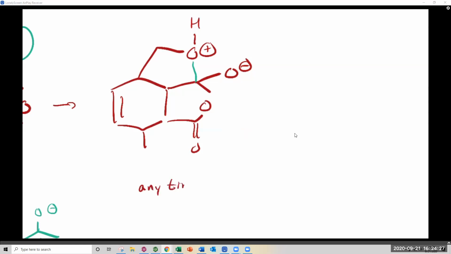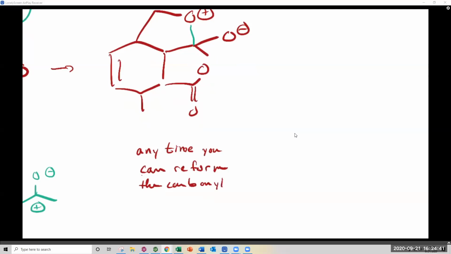Anytime you can reform the carbonyl bond, you do. Why? The carbonyl bond is actually very strong.